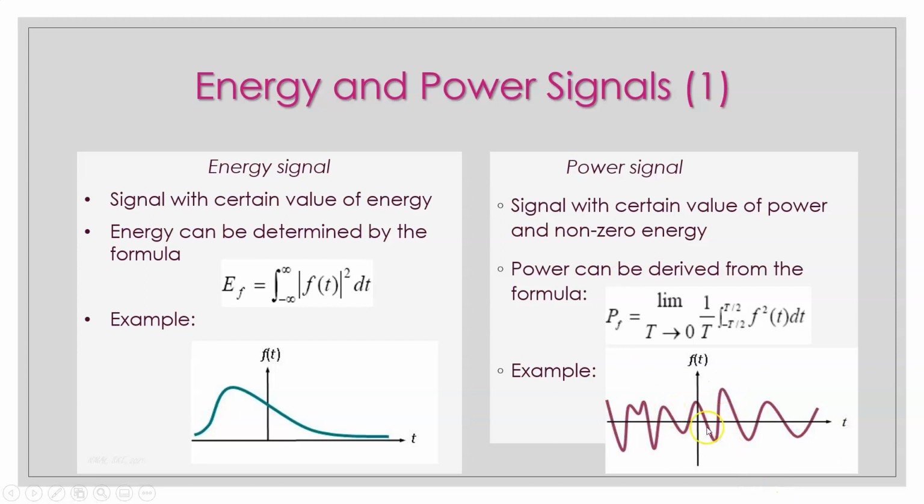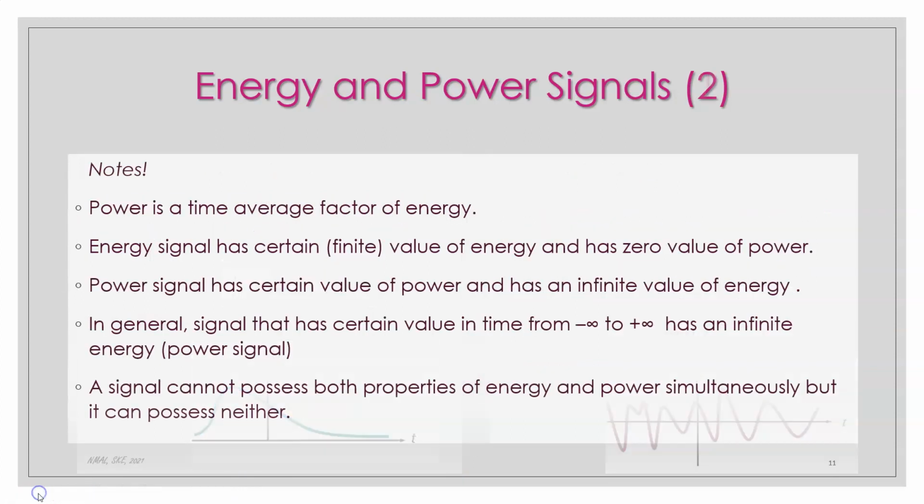The power always has energy, and it can be derived from this formula using integration: limit T towards infinity, 1 over T, and integrate from negative T over 2 to T over 2 f squared t. So T here is actually the duration of the signal. So this is an example of power signal.